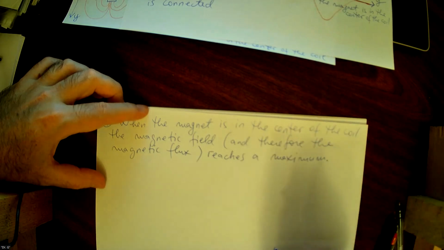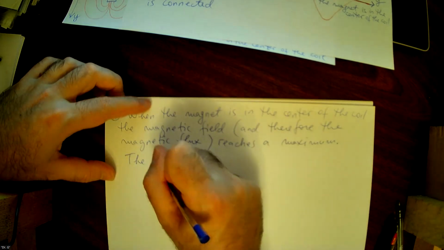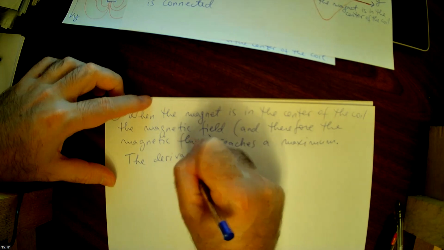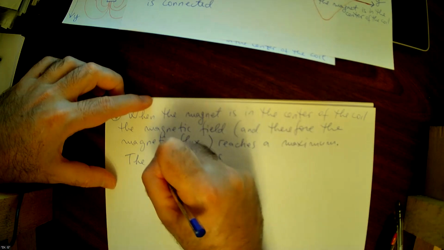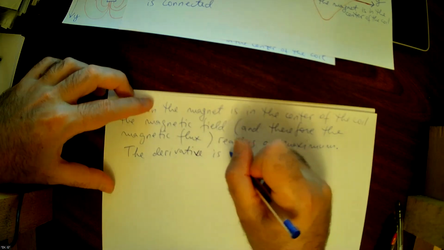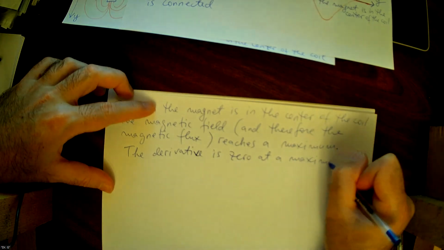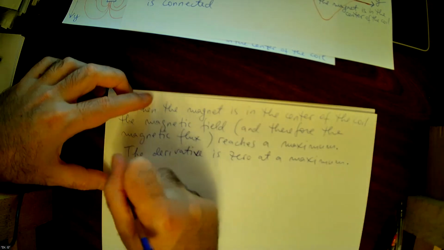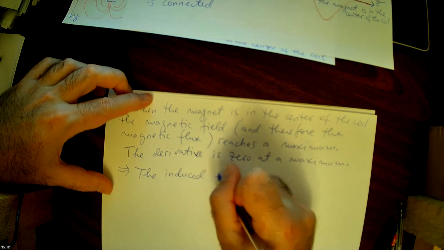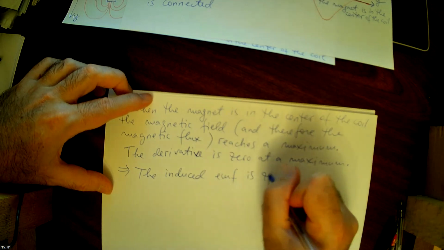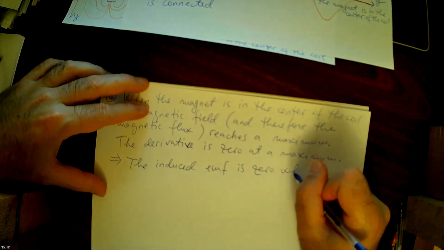The maximum means the derivative is 0. The derivative is 0 at a maximum. That means the induced EMF is 0 when the magnet is in the center of the coil.